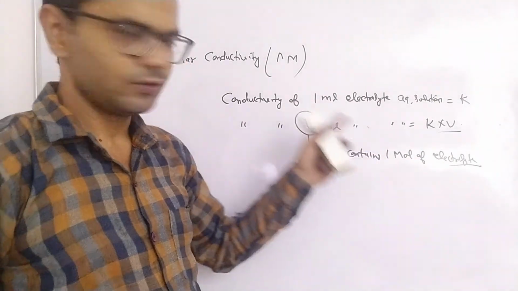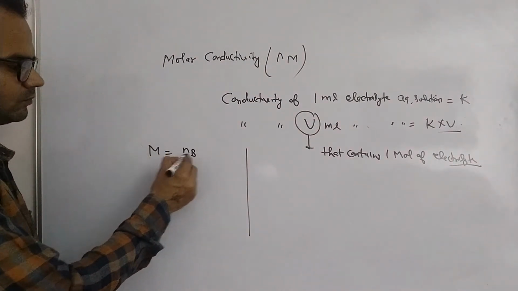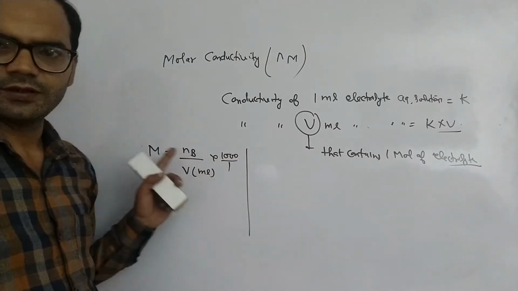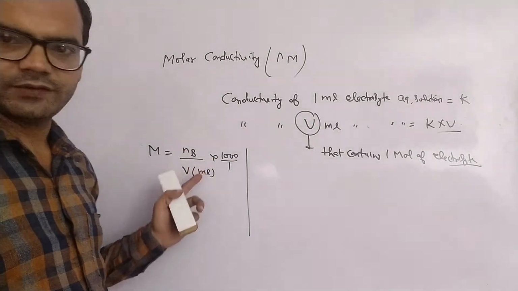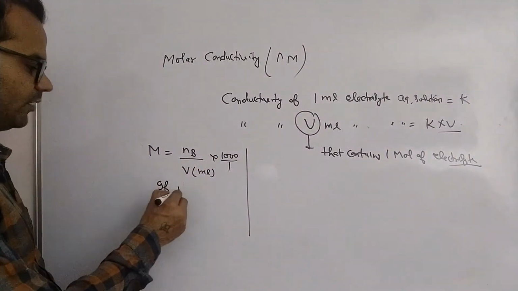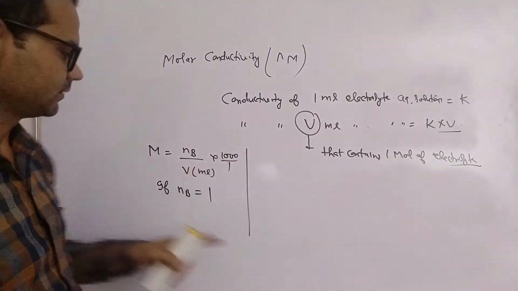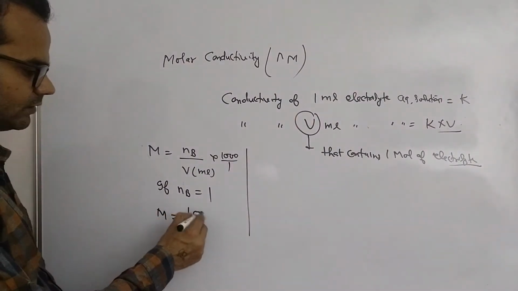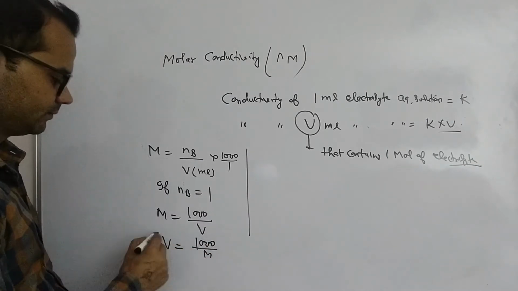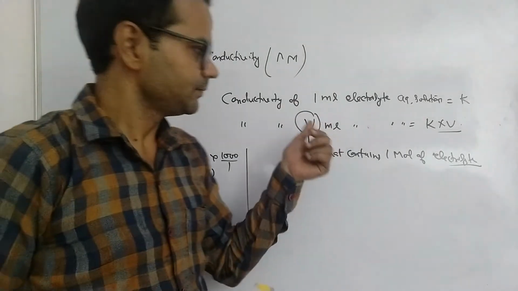We can use the formula of molarity. Molarity is the number of moles present in a given volume of any solution. So if we have 1 mole of an electrolyte, M equal to 1000 by V, so V will be 1000 by M. So I am going to give a name to this.